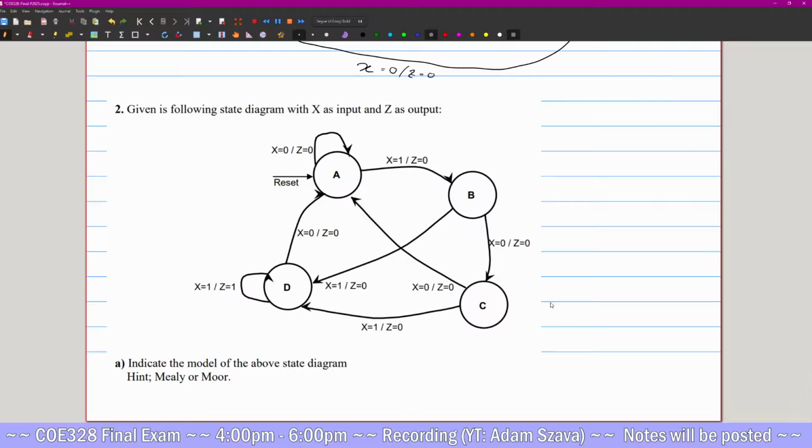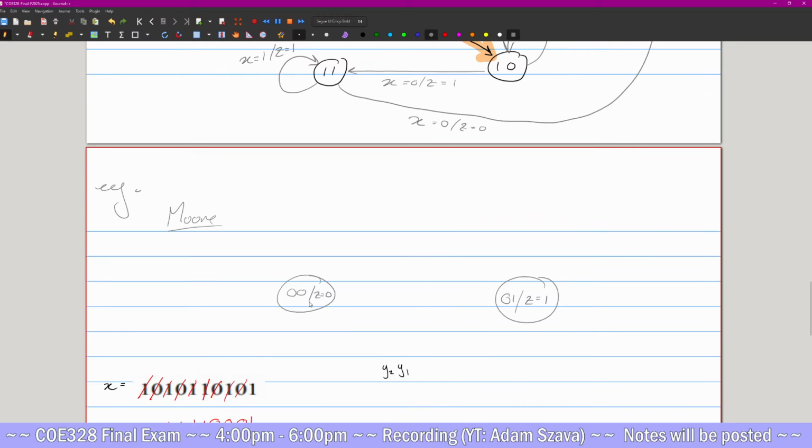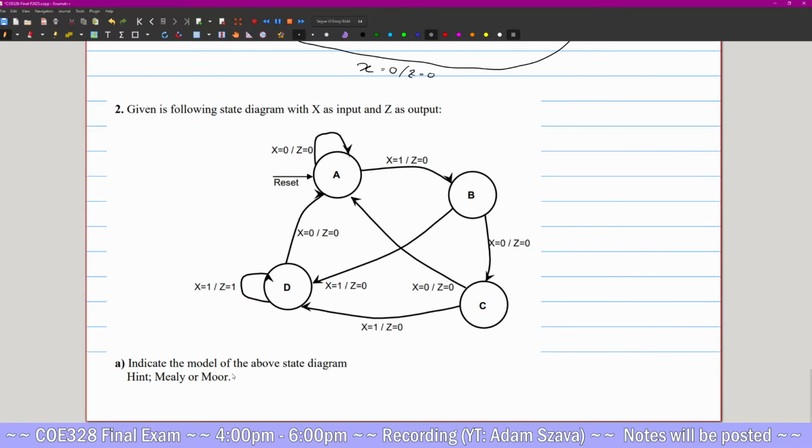Does the output depend on the present state solely, or the present state as well as an input variable? So everybody's saying Mealy because it's the same kind of situation as this. Moore would have the output variables just linked into the present state because they only depend on the present state. So of course it's Mealy.